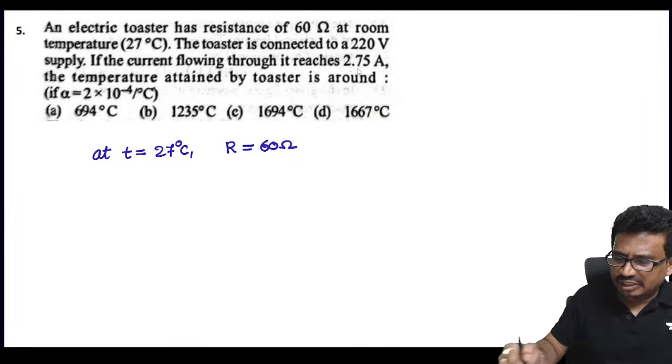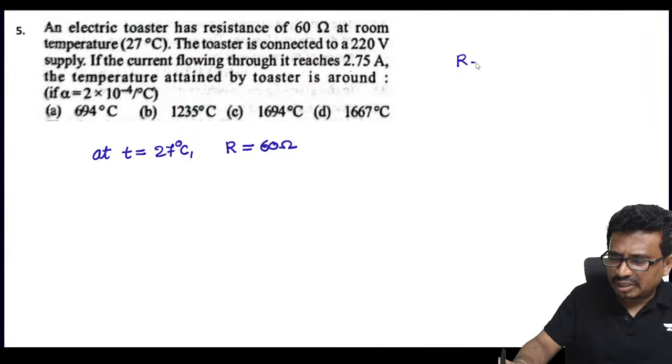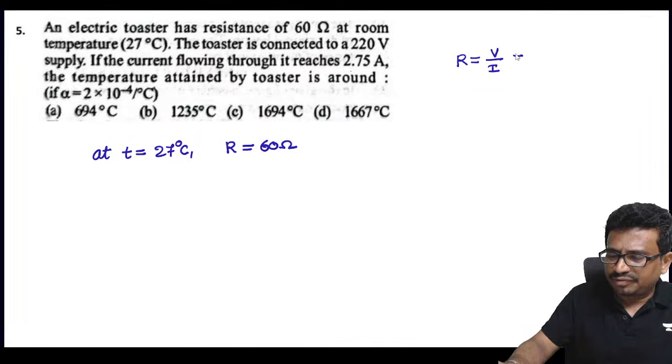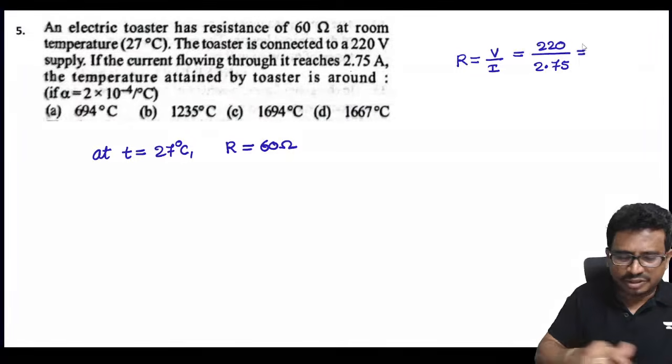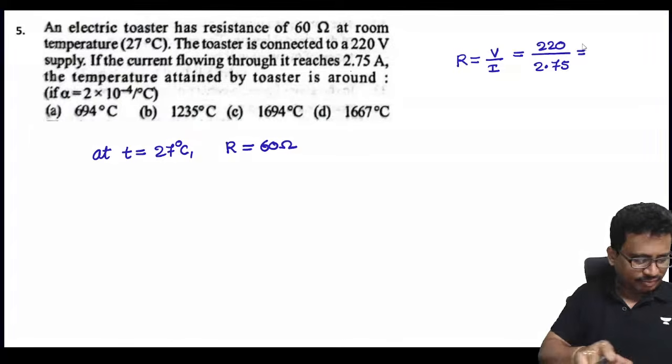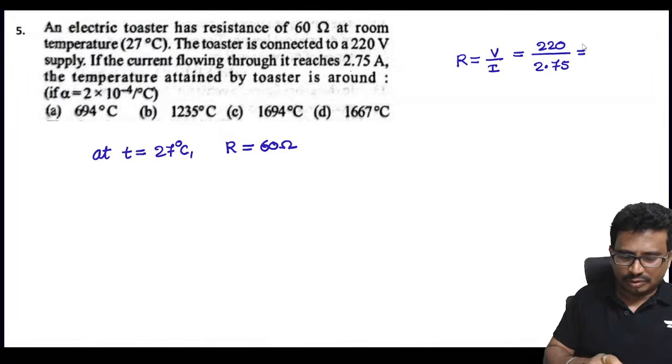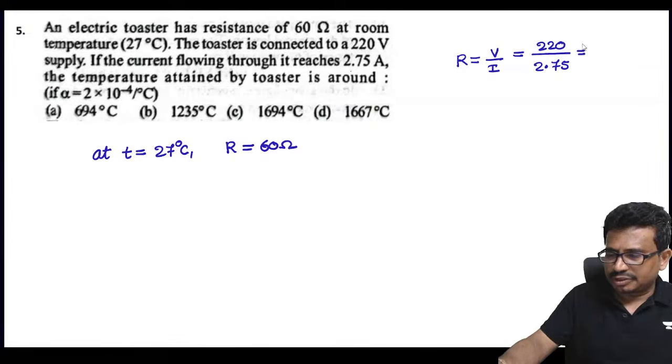So from this we can get the resistance. R is equal to V by I, which is 220 by 2.75. So this resistance is 80 ohms.